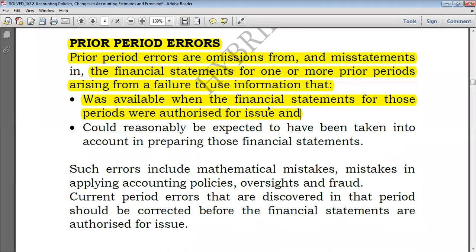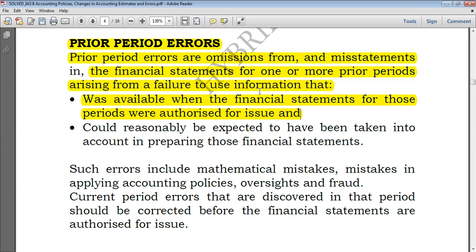You see this. You failed to use something that was available at that time. That's why changes in accounting estimates are not prior period errors. That's why you account for them prospectively. A change in accounting estimate arises as you get updated information about something. Not that you made an error you didn't know, not that the information was there but you just didn't apply. No, the information was available.